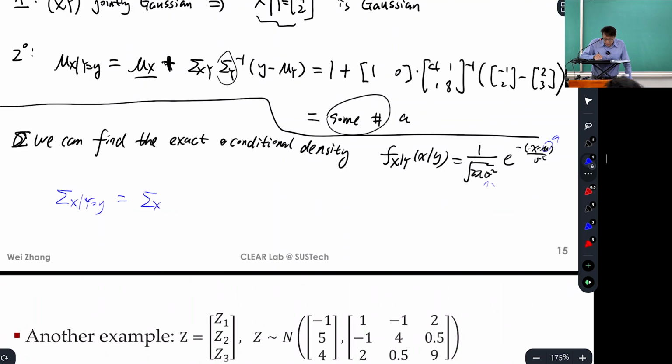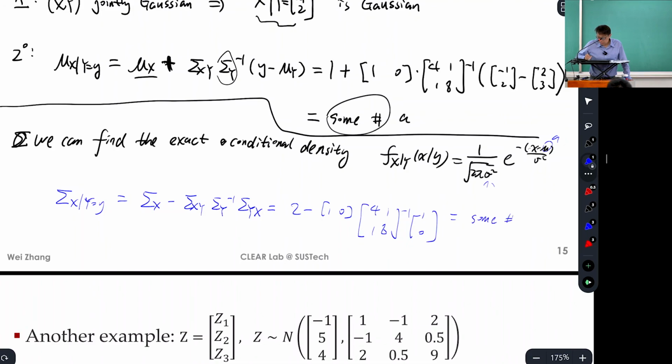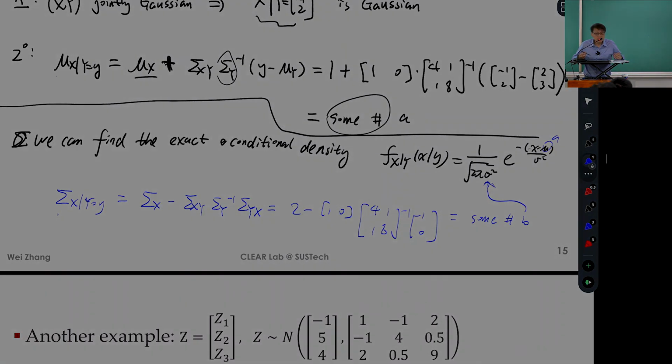That will be sigma x minus sigma xy, sigma y inverse, sigma yx, which is 2 minus 1, 0 times 4, 1, 1, 8 inverse times 1, 0. This is some number b, and this b will be the sigma squared. So if I find mu x given y and sigma x given y, I can write down the density if you need, but typically we don't. All right.